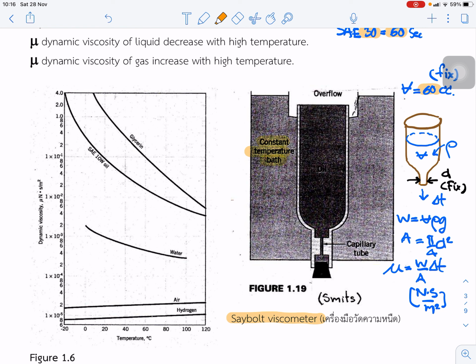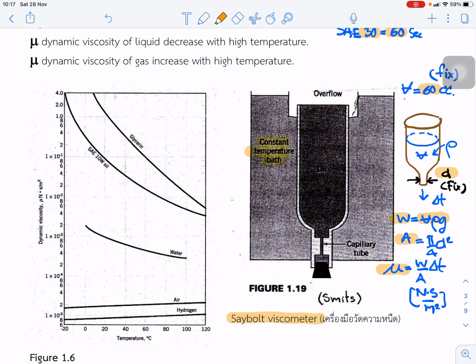They put the fluid inside, and the outlet diameter D is fixed. The weight of the fluid is equal to volume times rho g, and the outlet area is pi over 4 D squared.